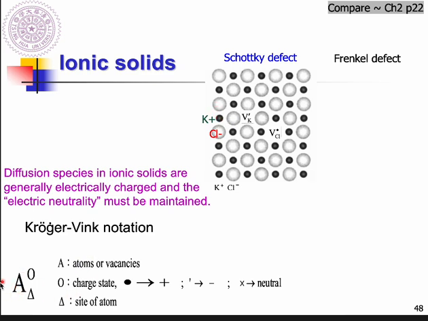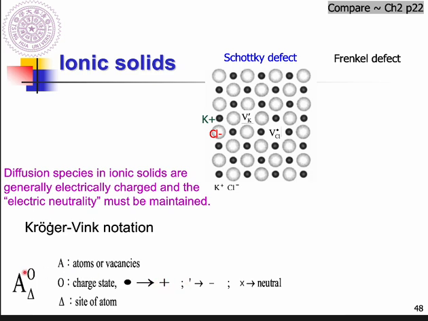The A here can be the atom or the vacancy. If you're talking about the atom potassium, you put a K here. On your upper right corner is the charge state. If the atom has positive charge, then we use this small black dot to represent the positive charge.